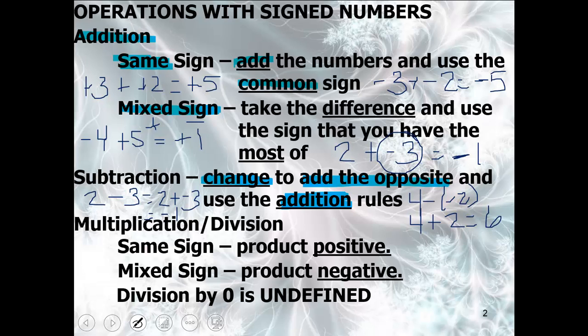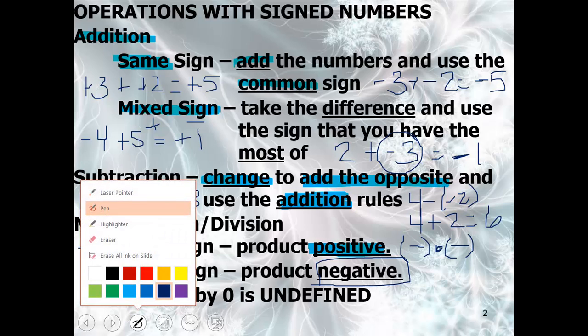Now, with multiplication and division, if you have the same sign, your product is always positive. A positive times a positive, or a negative times a negative, both give you positive numbers. If you have mixed signs, then your product is always negative.